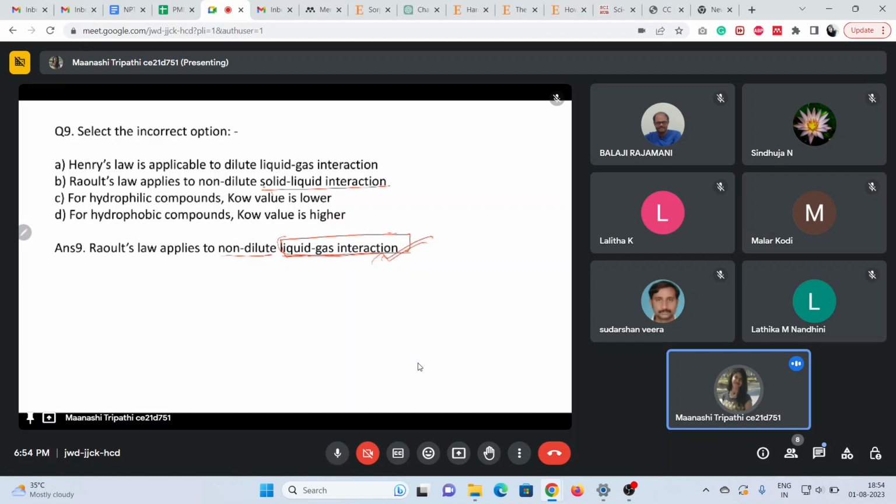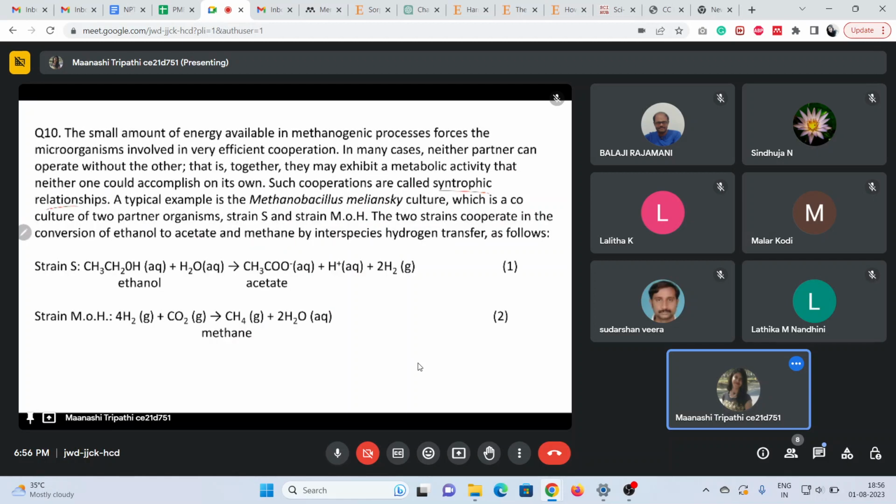In many cases, neither partner can operate without the other. That is, together they may exhibit a metabolic activity. Such cooperation is called a syntrophic relationship, or symbiotic relationship also. This is a chemical kind of reaction. Apart from this, the most common symbiotic relationship is between algae and bacteria.